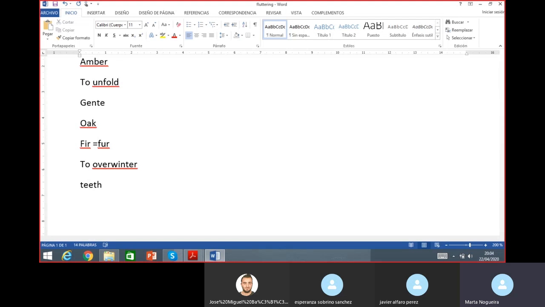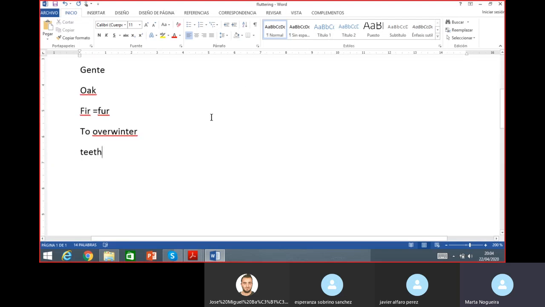Pues to teeth es sacar los dientes cuando los bebés sacan los dientes, ¿vale? De casi todas las palabras podéis tener un verbo como water, ya sabemos que water es agua y que to water es regar. House es casa y to house albergar, these things, ¿vale? Entonces, to winter or to overwinter, pasar el invierno, okay? Something related to winter.